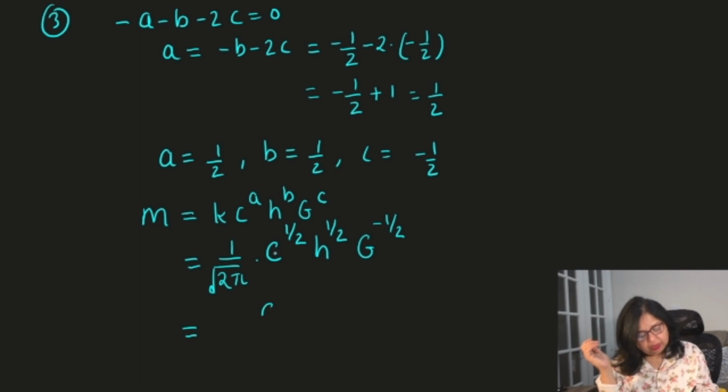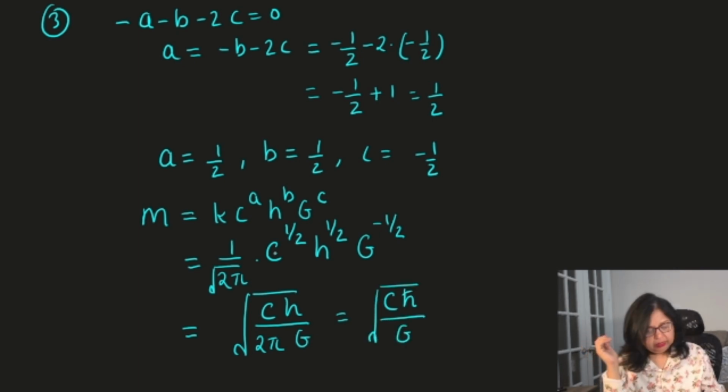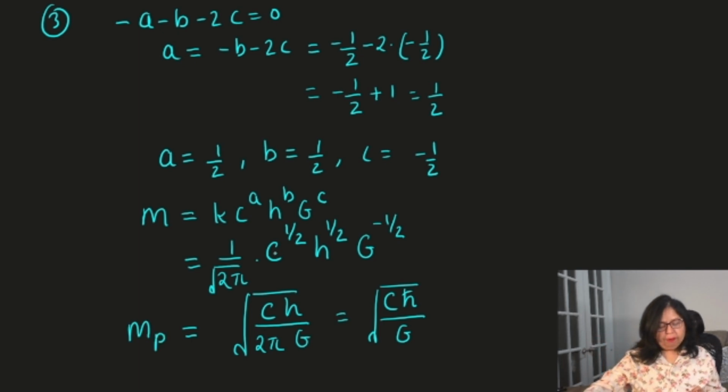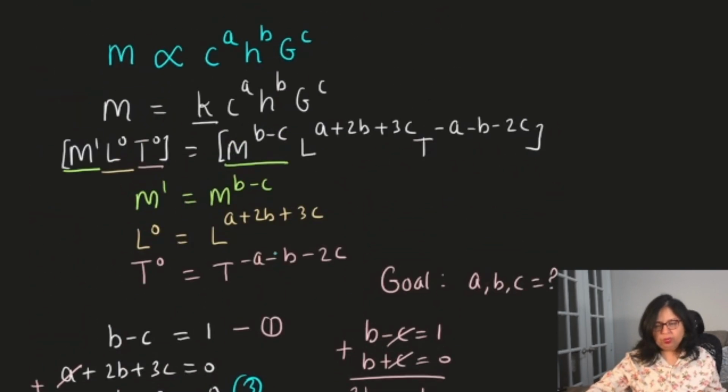Now this can be written as c times h divided by 2 pi times g under the square root. This gives you c h bar divided by g under the square root. This is Planck's mass. So mass is proportional to square root of c, inversely proportional to g's square root.